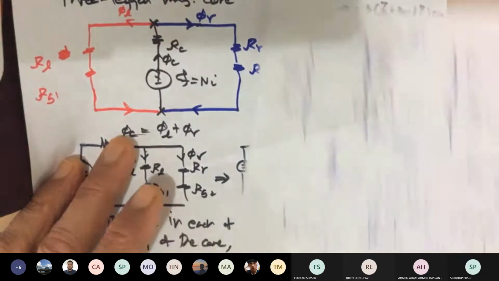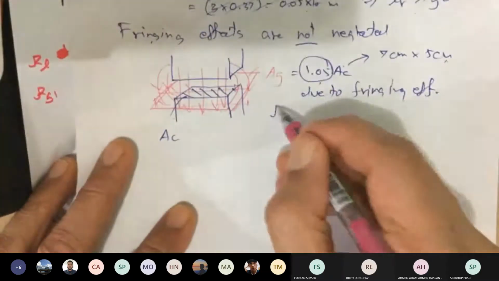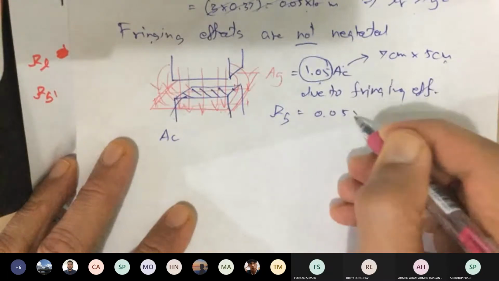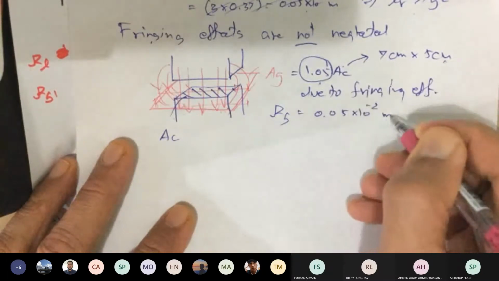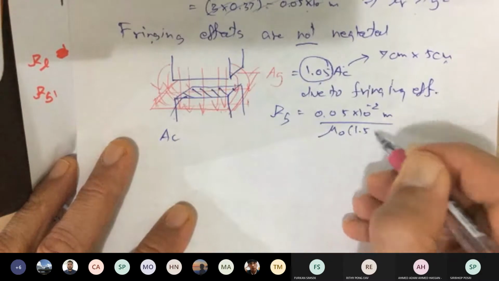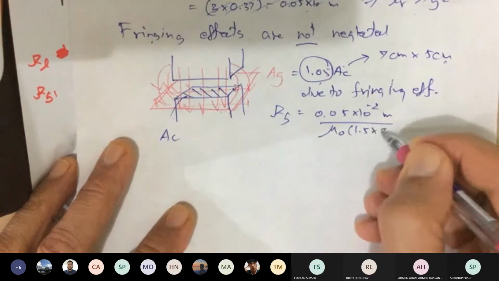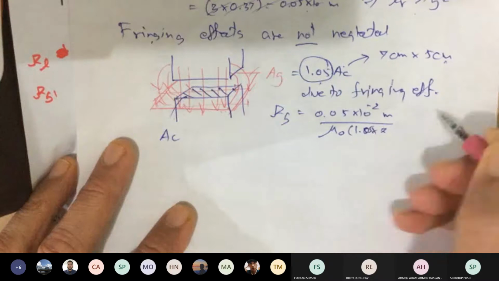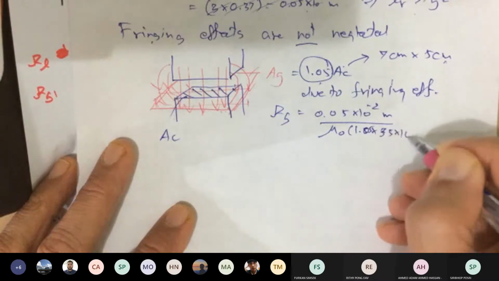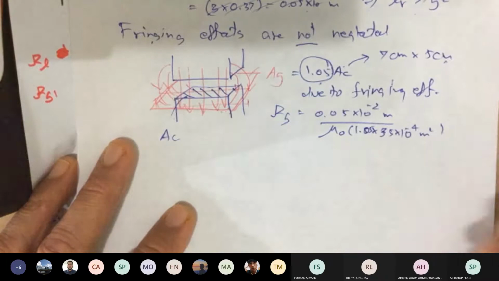So in this case, RG2 equals 0.05 times 10 to the minus 2 meter, divided by mu naught, and then 1.05 times 35 times 10 to the minus 4 meter square.